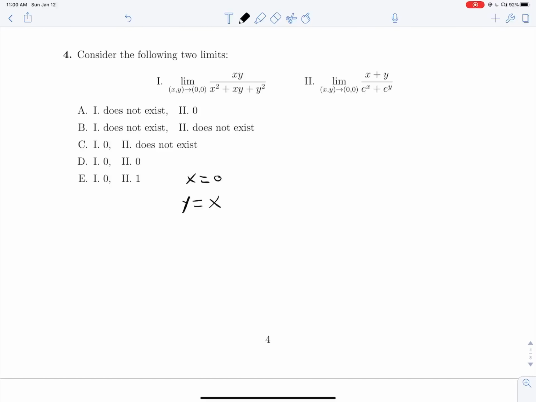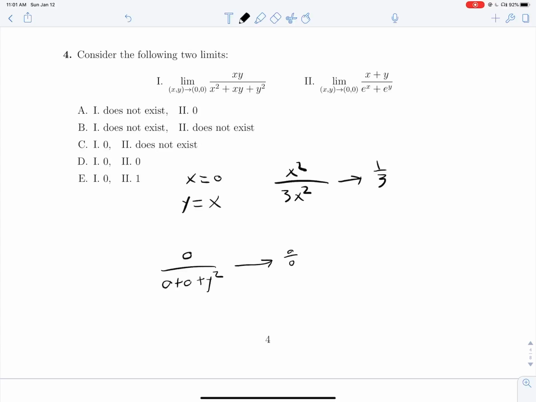So if x equals 0, this whole thing is going to be 0 over 0 plus 0 plus y squared, which when we apply our limit is still going to give us 0 over 0, which is no good. But if y is equal to x, we are going to get x squared over x squared plus x squared plus x squared. And that is going to evaluate down to 1 over 3.